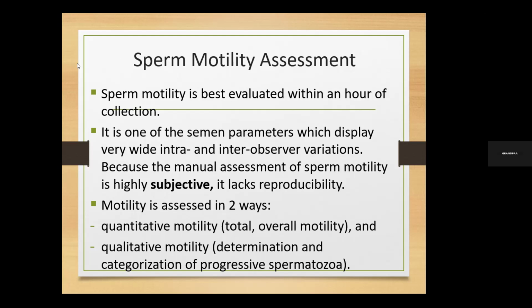This one is just lying at one point and then shaking the tail. This one is not moving at all. So that is the qualitative motility determination. All right. So there are two ways to do it: the quantitative one and then the qualitative one. All right. Good.